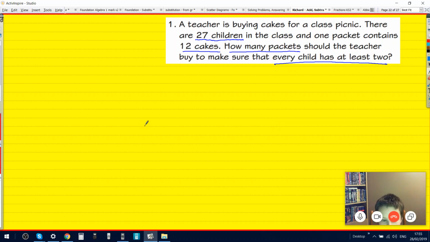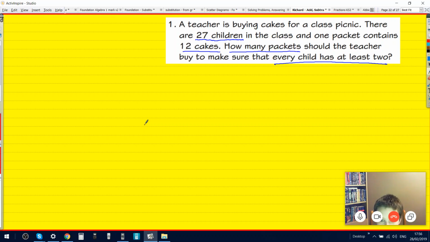How did you get 36? I did 12. Well, 12 times 2 was 24, but that's not enough. So that would be if each child was getting 2 packets, each child gets 2 cakes.